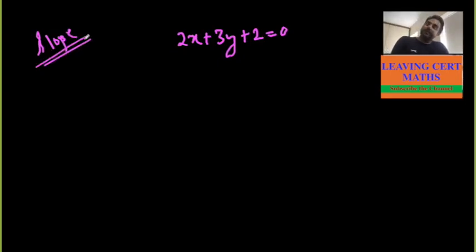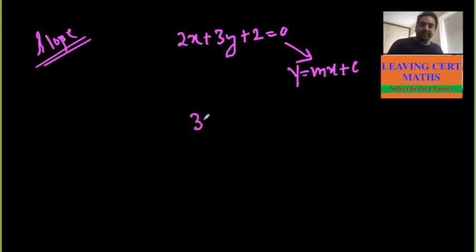Now one more, some tricky questions. Suppose you have 2x plus 3y plus 2 equal to 0, and they ask you to calculate the slope. How will you calculate the slope? They have not given any other information. You have to transform your equation to the form y equals mx plus c. So a little bit of manipulation.